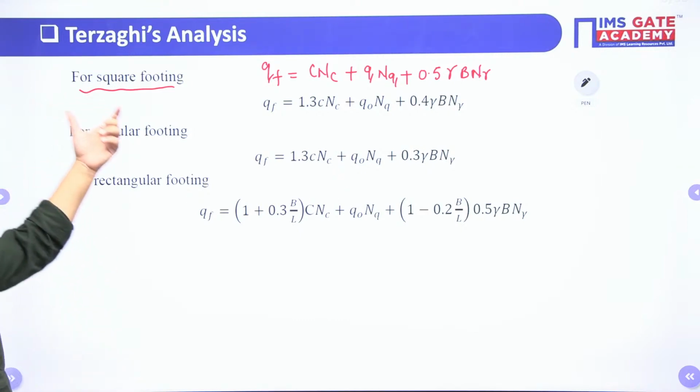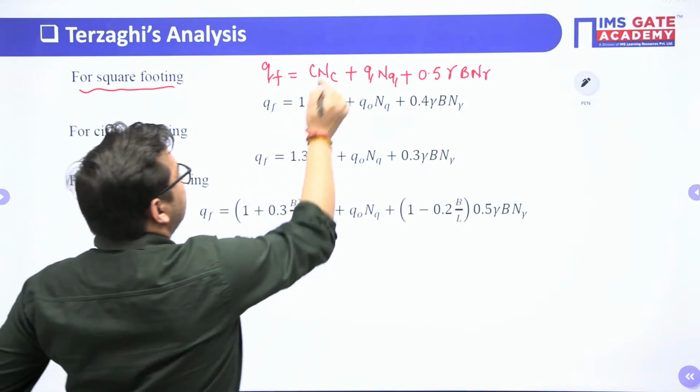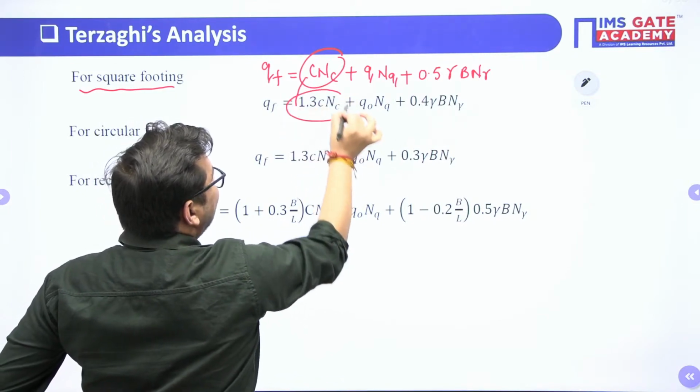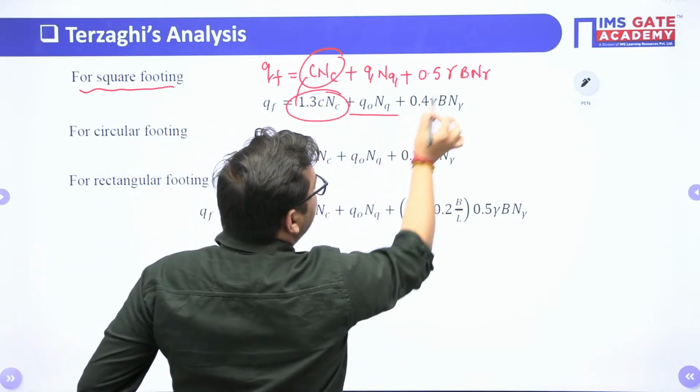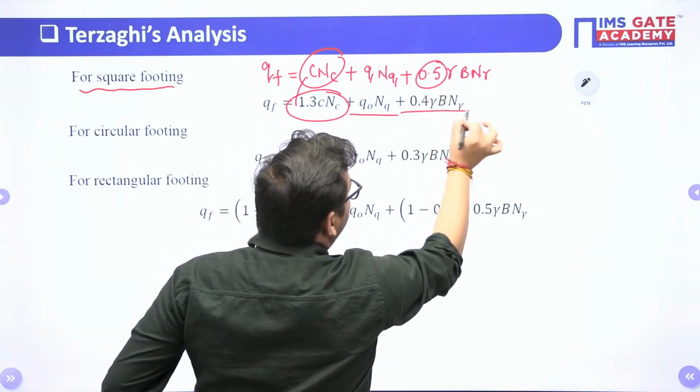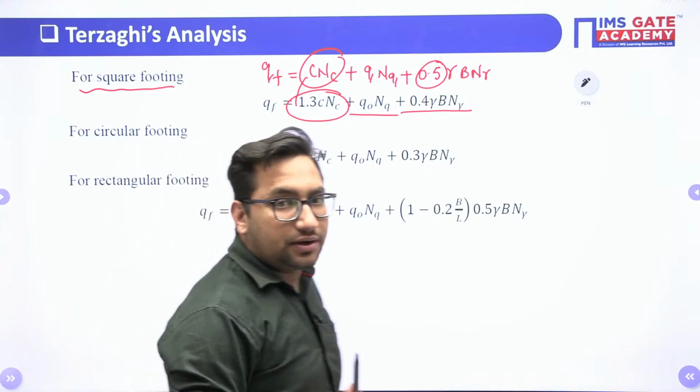So for square footing, this first term will be affected. In case of cNc, there is 1.3 cNc, this value is the same, and in case of 0.5, you have to use 0.4 gamma B N gamma, right?